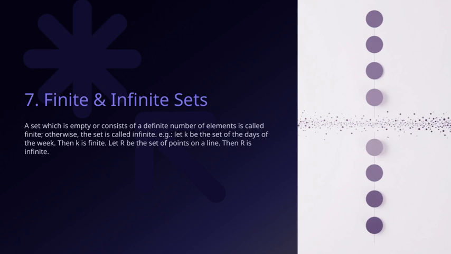No matter how closely you look, there's always another point in between. Recognizing whether a set is finite or infinite helps us understand its structure and how we can work with it in various mathematical contexts. This distinction is a fundamental concept that ties into the broader themes of set theory and understanding the nature of different collections of objects.